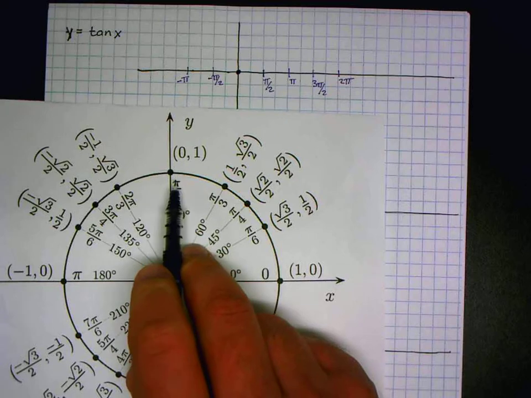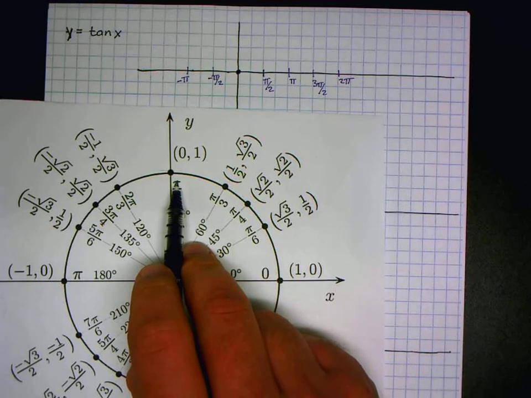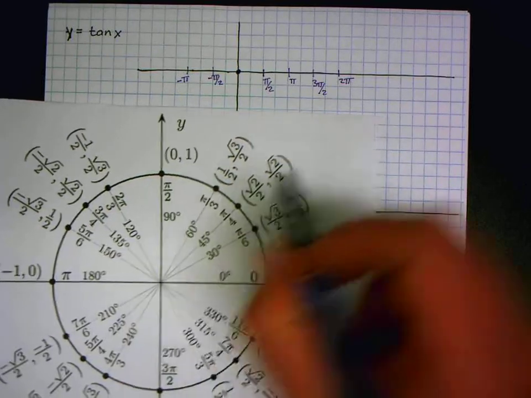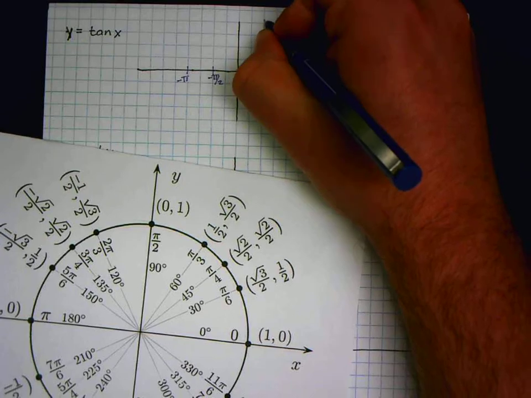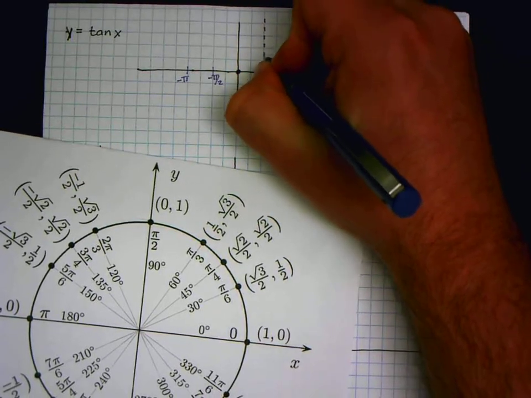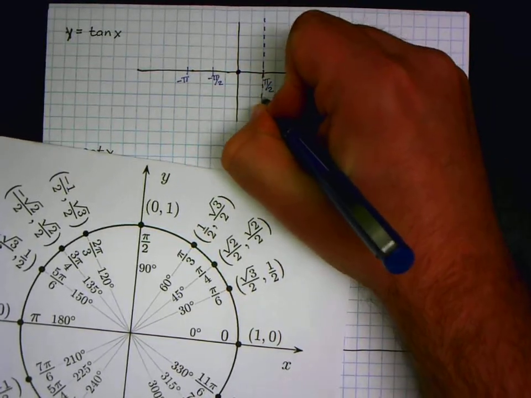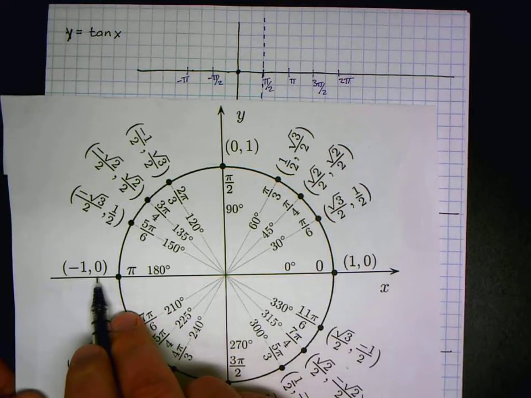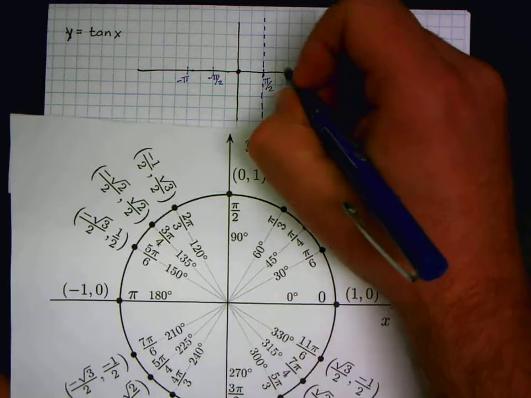Okay, at pi over 2, what's it going to be? It'd be 1 divided by 0, which is undefined. So at pi over 2, I'm going to have an asymptote. Okay, what happens at pi? 0.